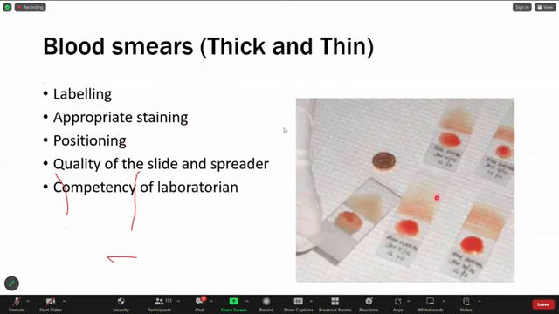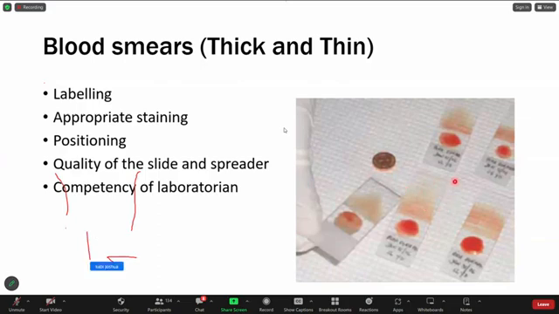Then the positioning of the smear. In the picture here, there are smears made on the same slide. Both the thick film, this round one that appears thicker, but there's also a thin film in front on all of these smears here. This is a technique where the smears were made on the same slide.